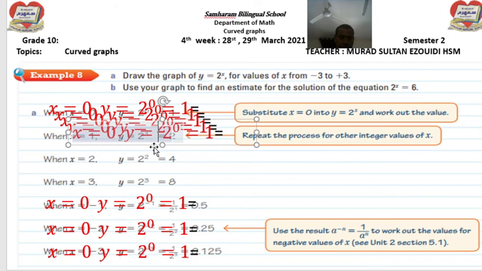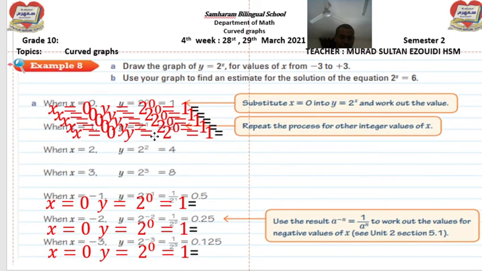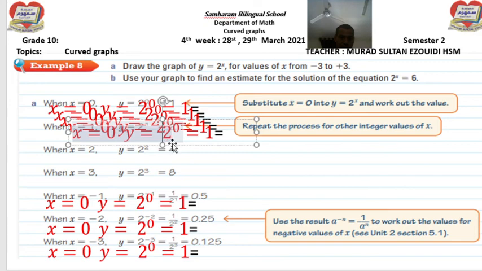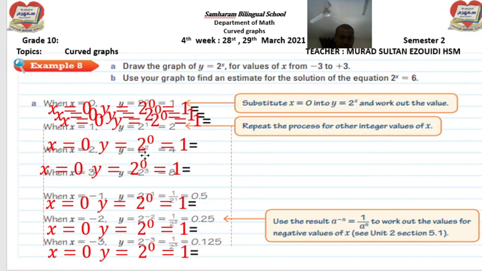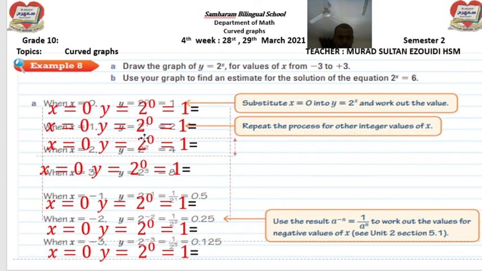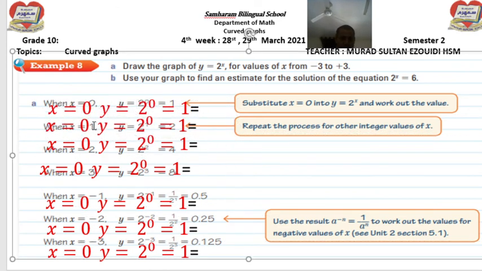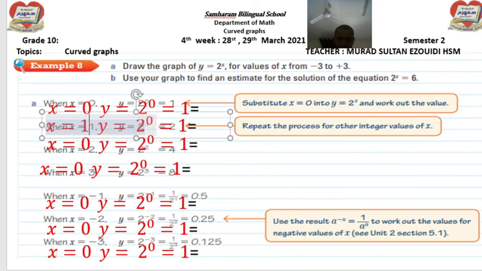This is the knowledge, you can use your mind also to calculate it. Now when x equals 1, so 2 to the power 1 is what? 2 to the power 1 is 2.